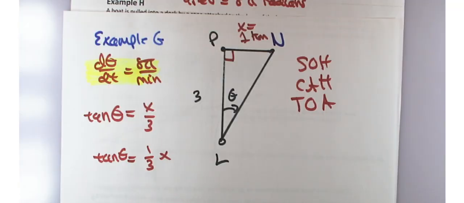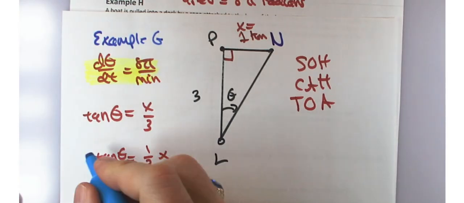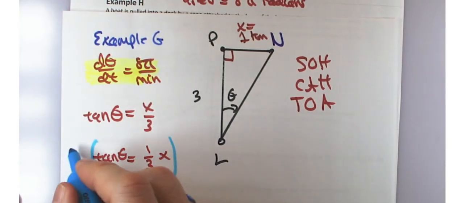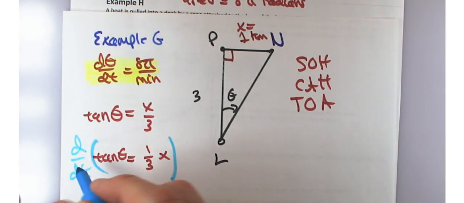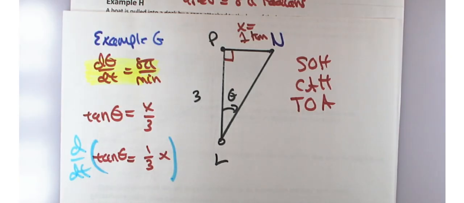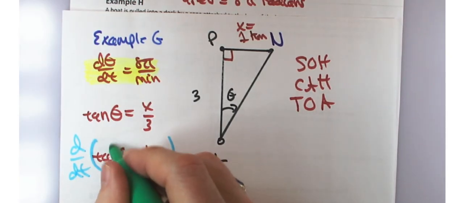What has to happen next, and happens in every related rates problem? What do we have to do in order to proceed? Yes, we have to differentiate implicitly. So I want d by dt here. And let's mark off a few things that we have to be careful about.